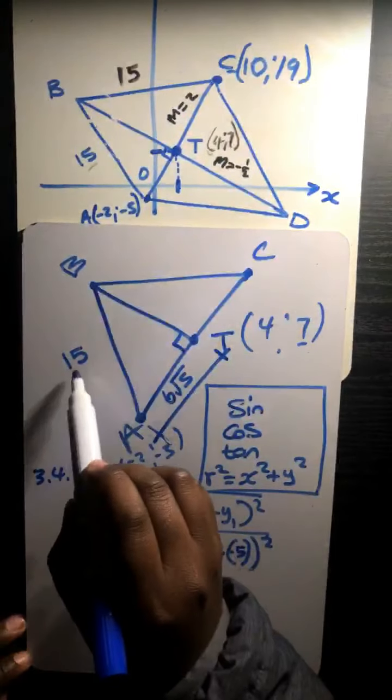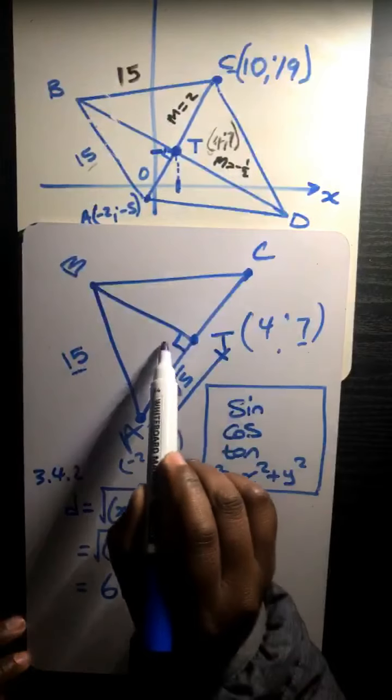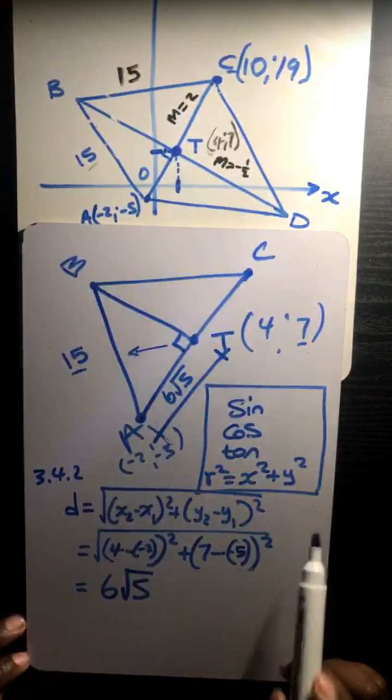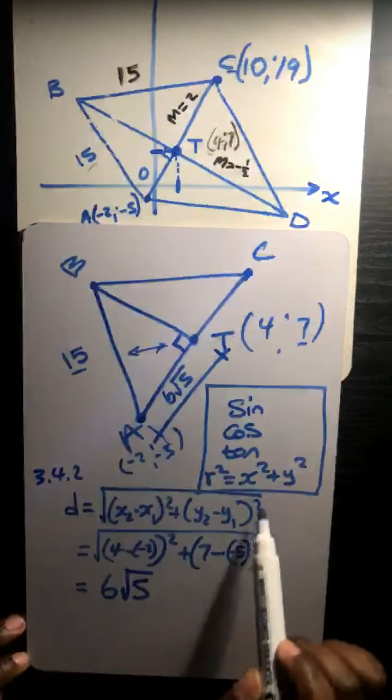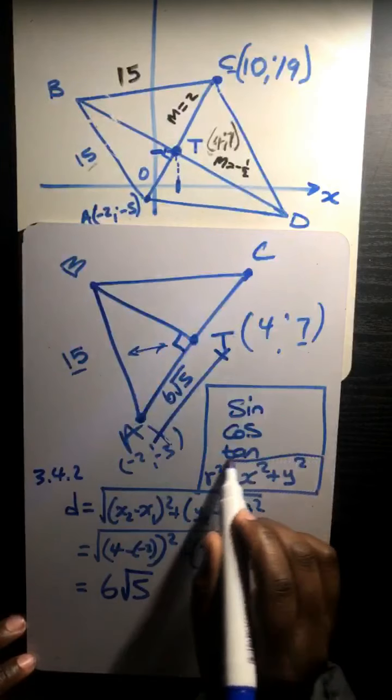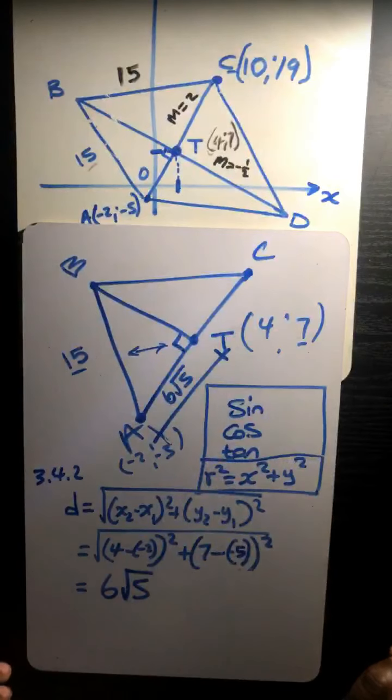So this is the longest side, which is opposite the 90-degree angle. So this is the R. That means you substitute into that formula. Remember, guys, this information you only accumulate once you've done more and more of this type of questions.